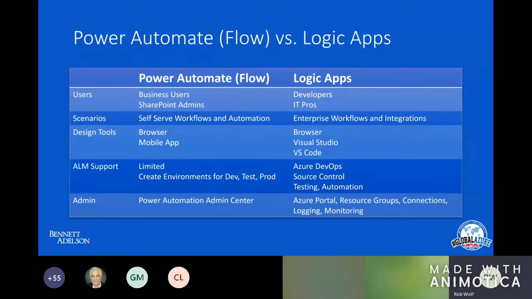So not the best. For Logic Apps, you have support for Azure DevOps. So for deployment, for source control, for testing, automation, all of those things that you really expect to do in an enterprise development scenario, you can do them for the most part in Logic Apps as well.